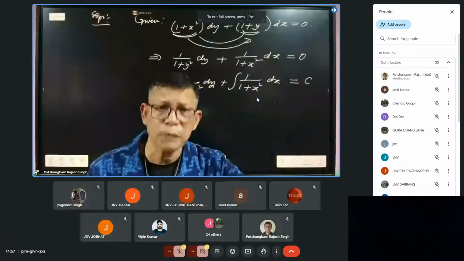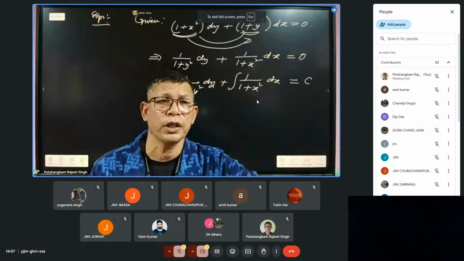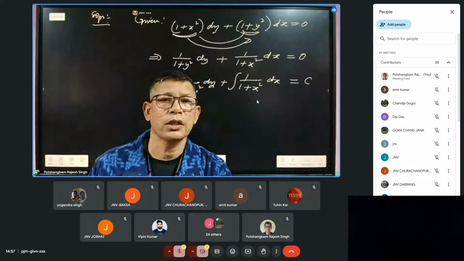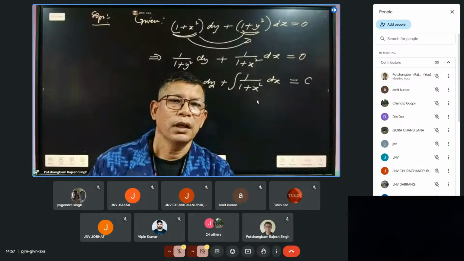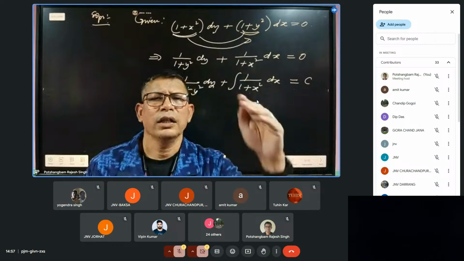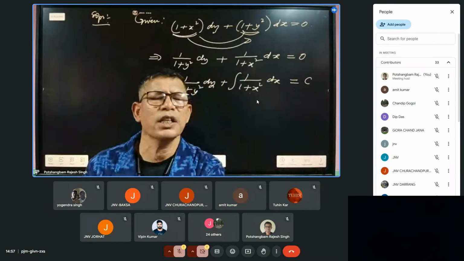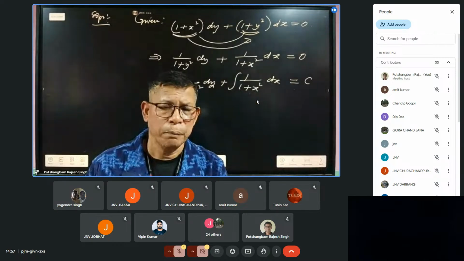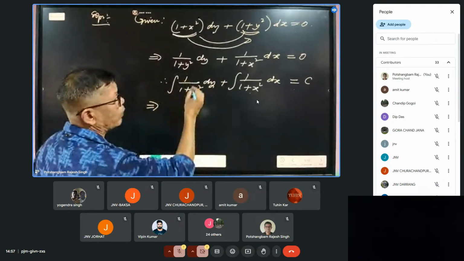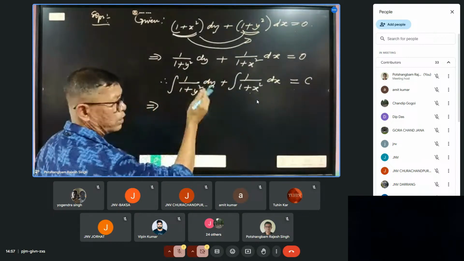In the last steps of the usual procedure, basic integration will be needed, for example standard integrations like 1 by x, integration of sin x. Here also the integration of 1 by 1 plus x squared with respect to dx is tan inverse x.